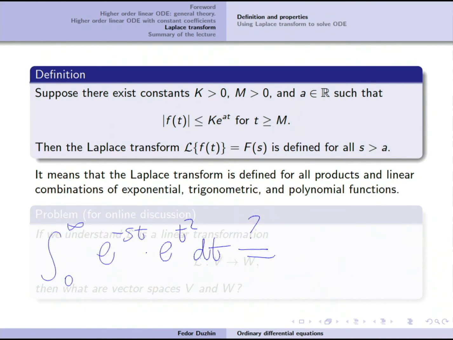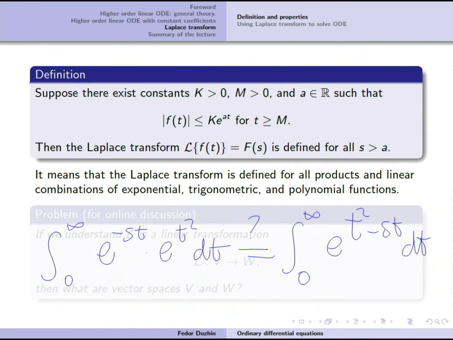Can you do that? The problem is that you'll have the integral from 0 to infinity of e to the power t squared minus st dt. And no matter how large s is, eventually when t is sufficiently large, t squared minus st is going to be positive, and this thing is going to grow faster than an exponential function, and the integral diverges.